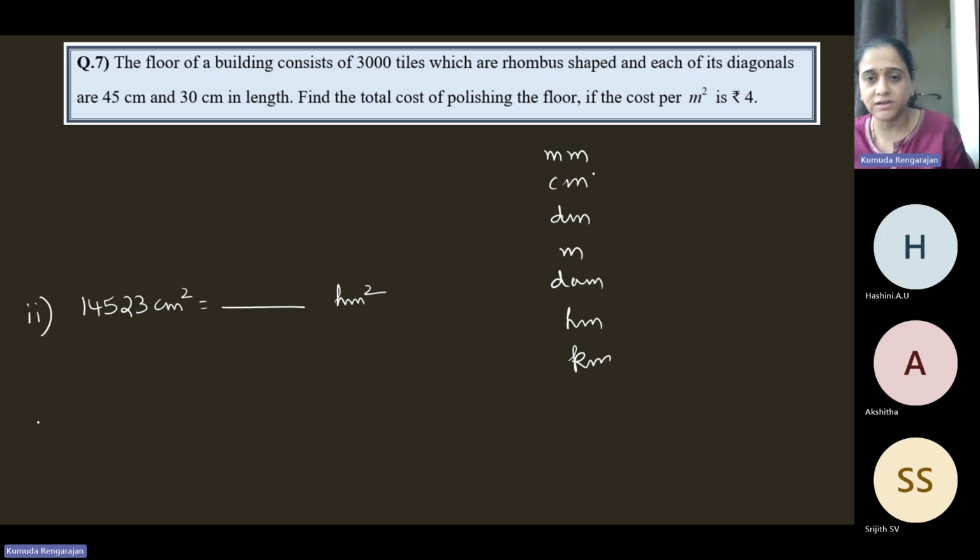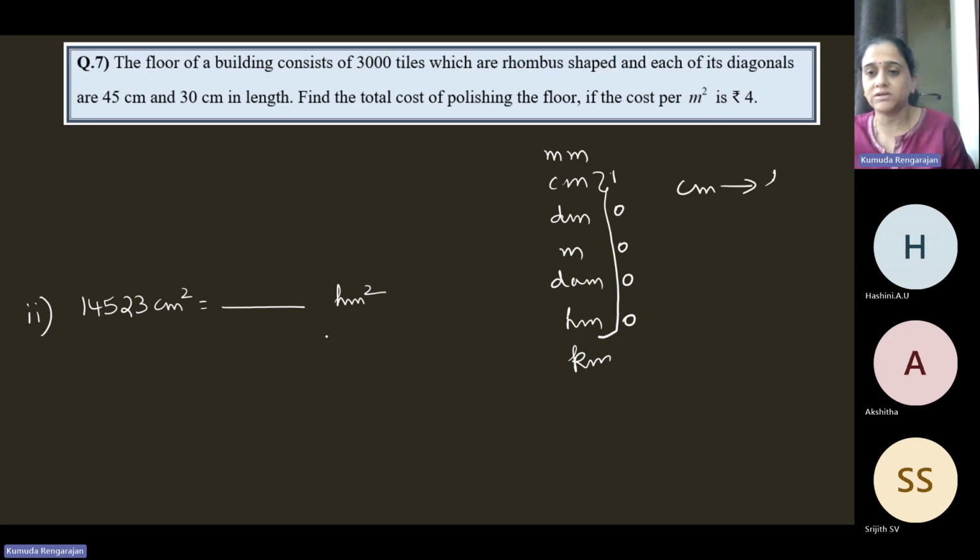Centimeter, hectometer. The number is 10000, right? And you need to convert centimeter square to hectometer square.